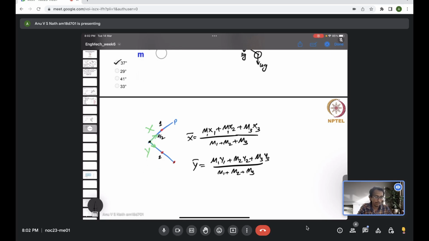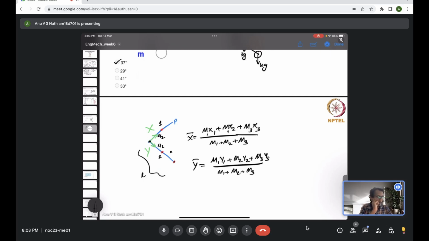The third body is also located at 0 in the x direction. Now in the y direction, the first body has no y displacement with respect to that coordinate system, so y1 is 0, y2 is L by 2, y3 is this distance, which is L. I hope that is clear. So you can evaluate and locate the center of mass, x bar and y bar.